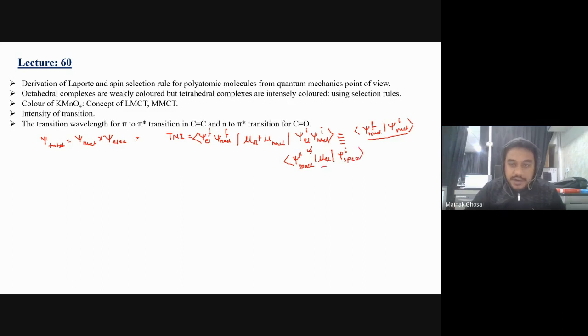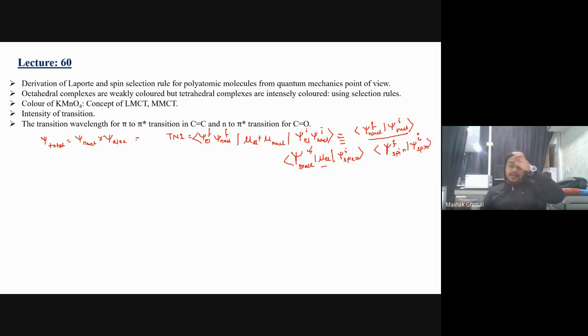This is the spatial part, and the spin part will be psi f spin with psi i spin.